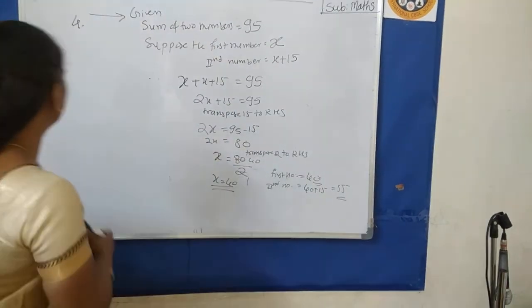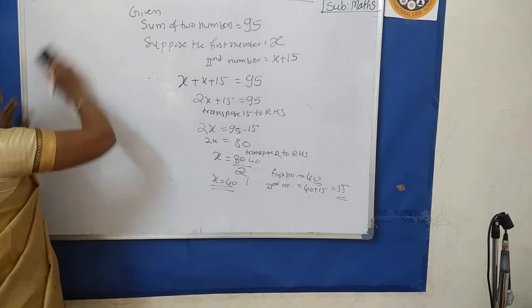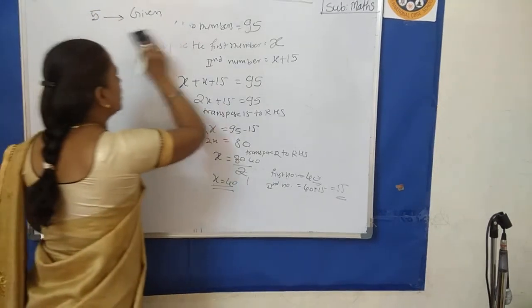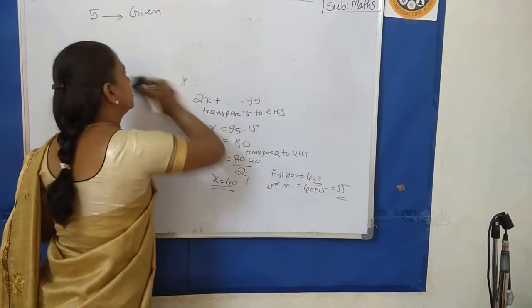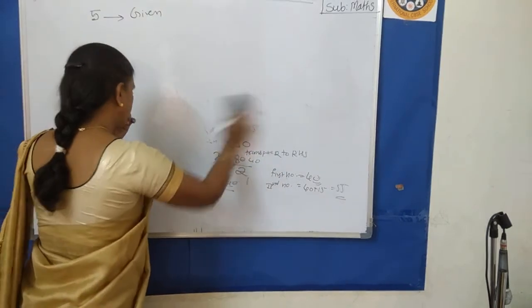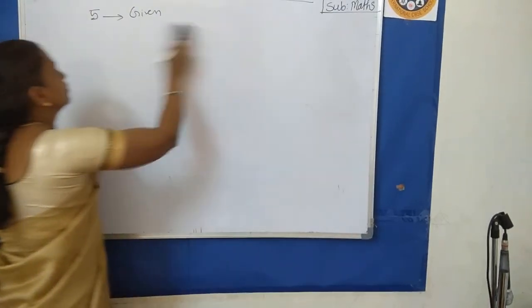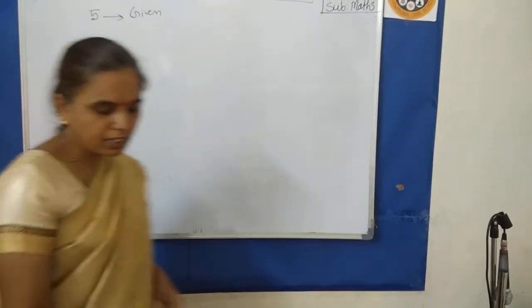Let us take the fifth one. Write down. Fifth example, let us write what is given from the example. What is given here?